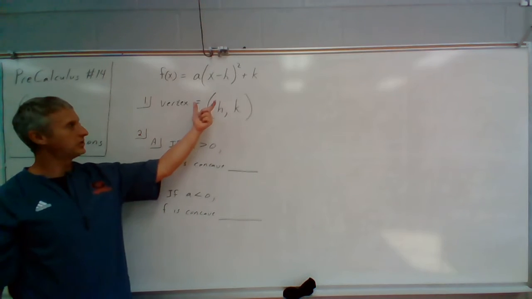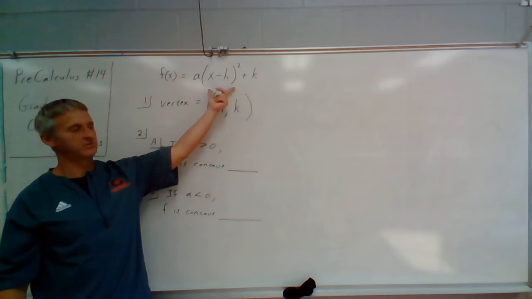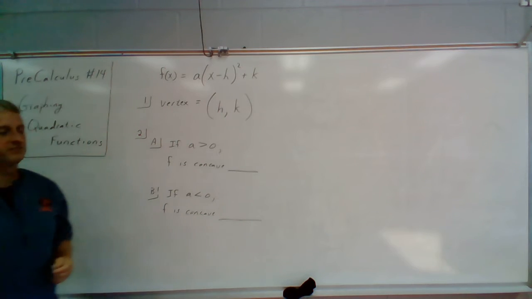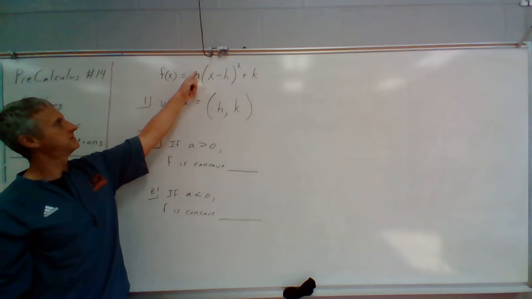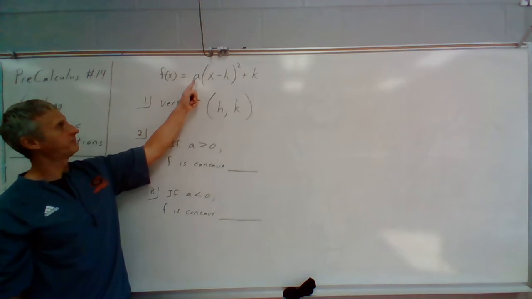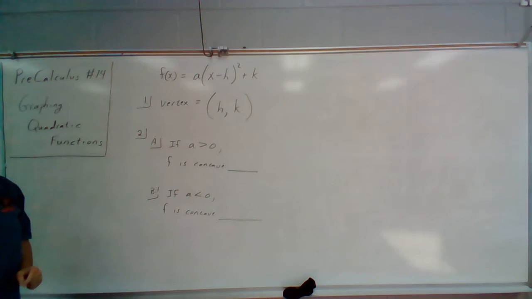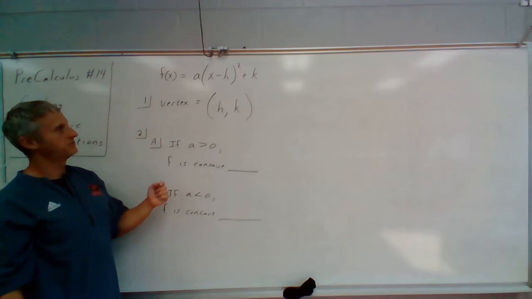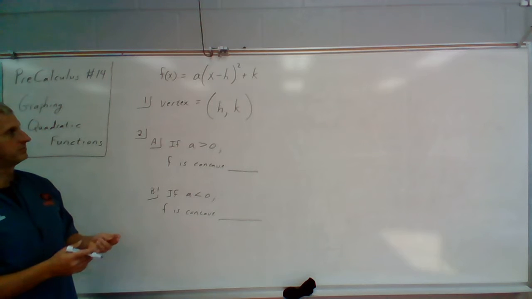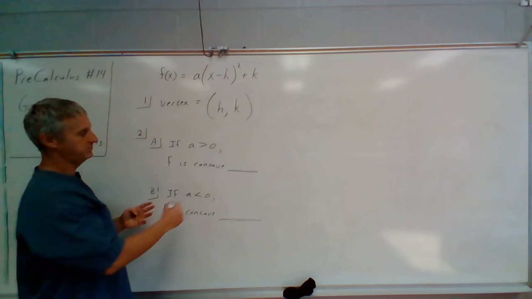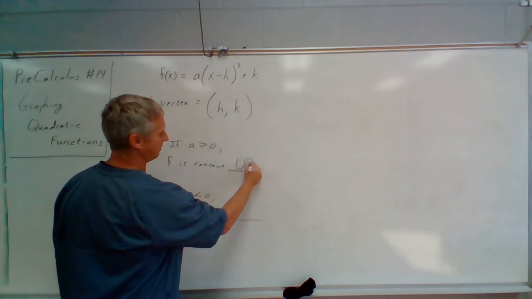So if your quadratic equation is written in this form, it's really easy to just look and know what the vertex is. Then another key piece of information is the coefficient out front, this a. If a is bigger than 0, so if a is positive, which way does our parabola open? Well, if a is positive, it opens up, so it's concave up.